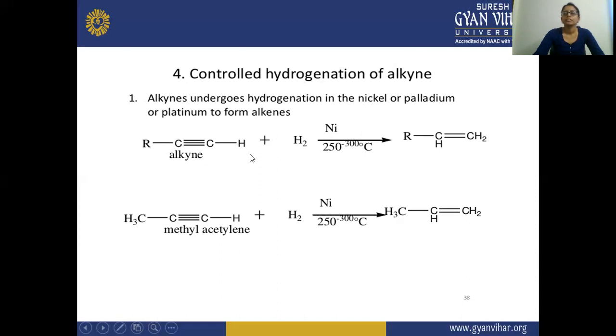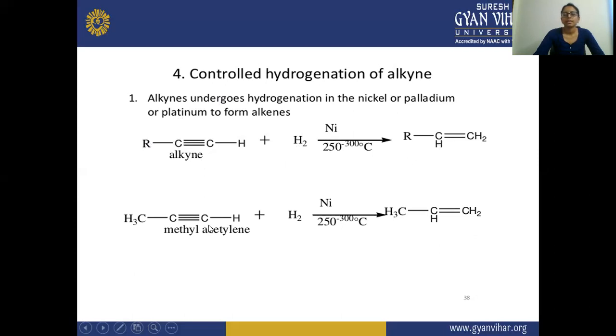Here the alkyne reacts with hydrogen in the presence of nickel at 250 to 300 degrees centigrade, and an alkene is formed. You can take a nickel, palladium or platinum catalyst. There is an addition of hydrogen on both of these carbons, so an alkene is formed.